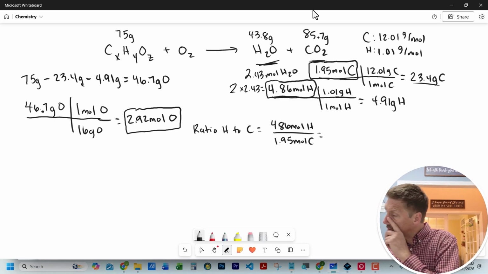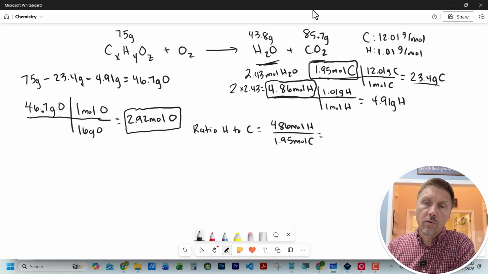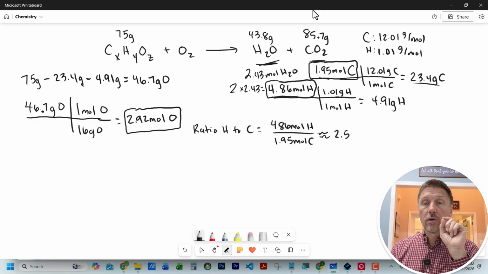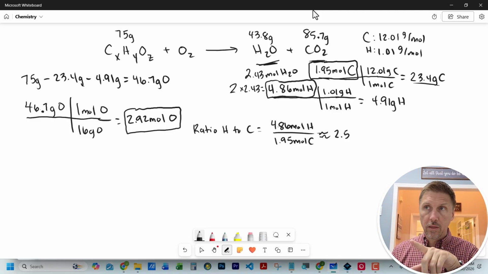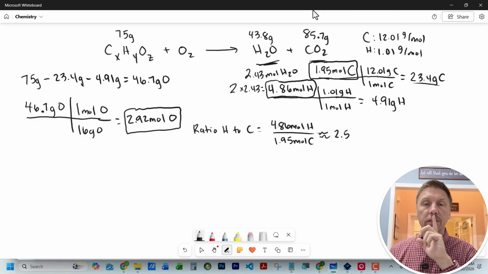And that math gives us a value of 2.49. All right, I'm going to round that to 2.5. Okay, a ratio of 2.5. So what that tells us is that we have 2.5 hydrogen atoms for every carbon atom. Now we know we can't have half atoms. We'll get to how we're going to fix that in just a second. All right, but we know that ratio.